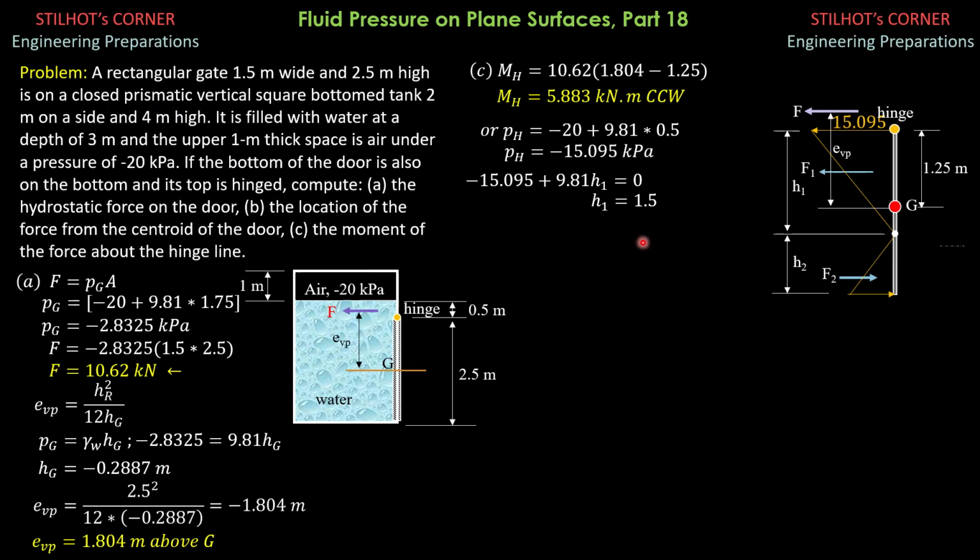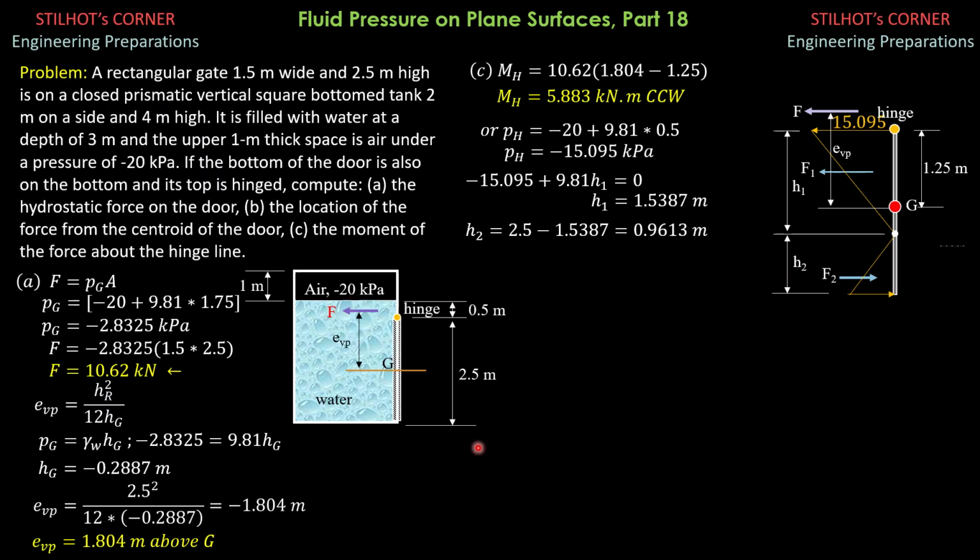So H1 is equal to 1.5387 meters. Now H2 is simply 2.5, the height of the gate, minus H1. So H2 is 2.5 minus 1.5387, and it is 0.9613 meter.